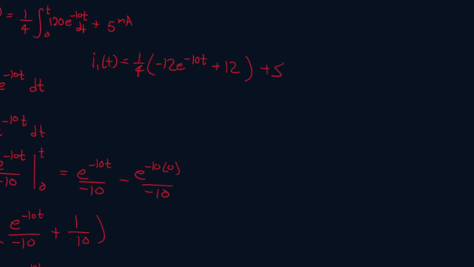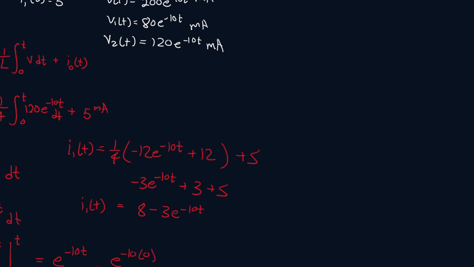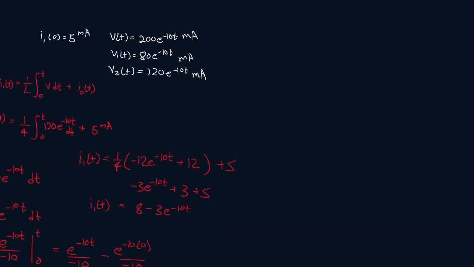Now, distributing the 4 in, minus 12 over 4, that's just minus 3e^(-10t) plus 3 plus 5. 5 plus 3, 8. So 8 minus 3e^(-10t). That's your formula. All right, so now I1(t) is done.